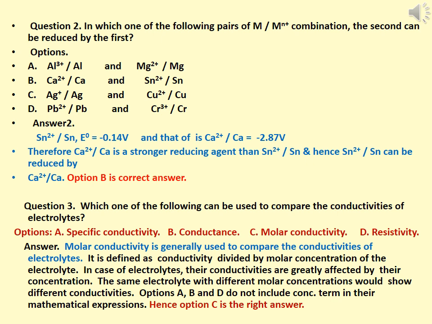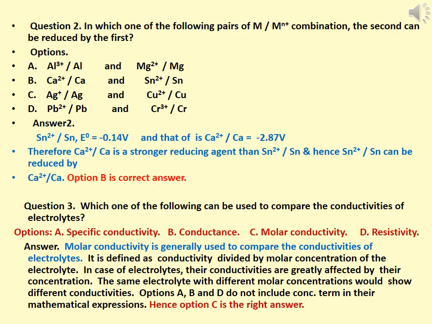There is no concentration term in its mathematical expression. Consider molar conductivity. Lambda m is equal to 1000 kappa by C, where C is the concentration of the electrolyte. So see, in its mathematical expression, concentration term has been added. Therefore, we can choose molar conductivity as the correct factor which can be used to compare the conductivities of electrolytes.